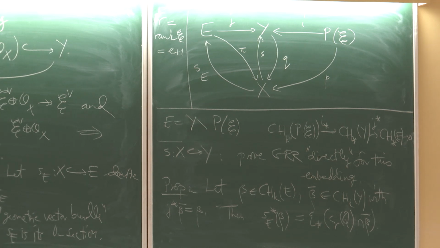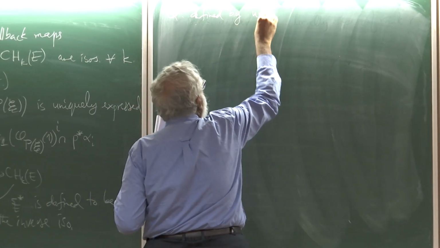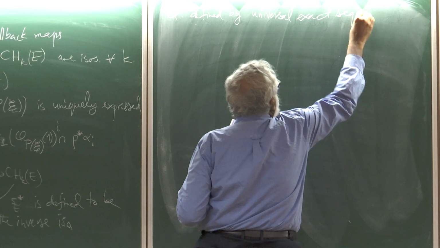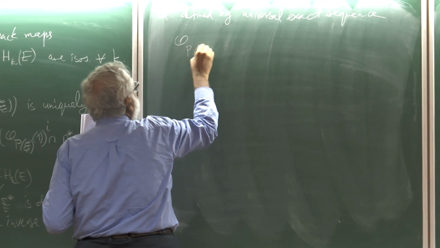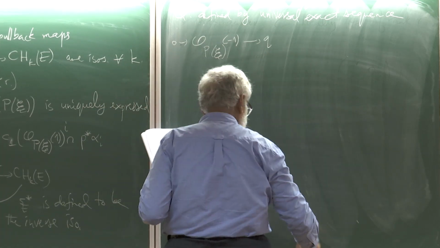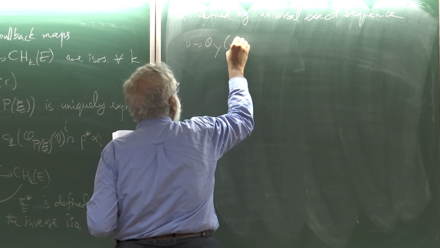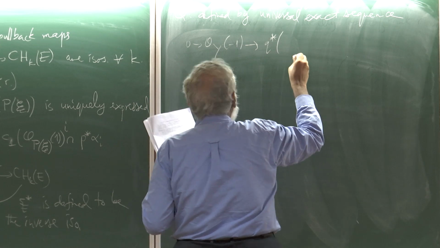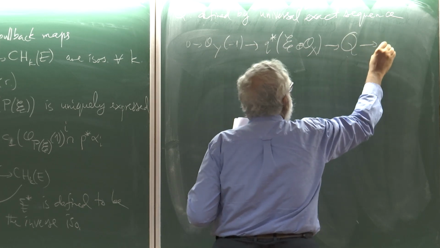Q is defined by the universal exact sequence: 0 to O_Y(-1) goes to q upper star of (E plus O_X) goes to capital Q goes to 0.